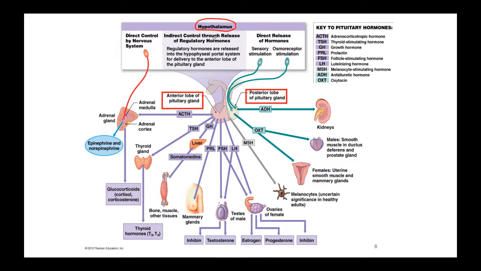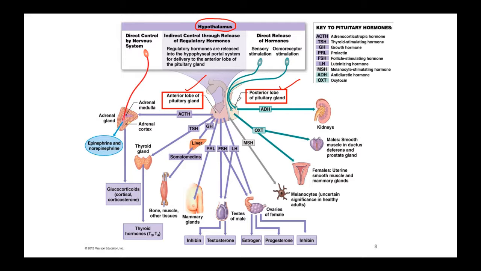It's going to send signals to the pituitary, and then the pituitary will relay hormones to these other glands to create different functions. So here we see the adenohypophysis, the anterior pituitary, and we see the neurohypophysis or the posterior lobe.